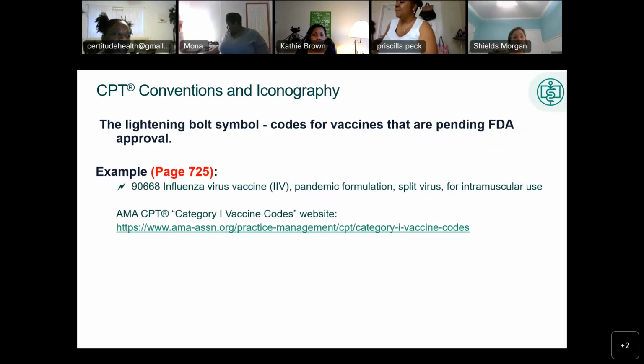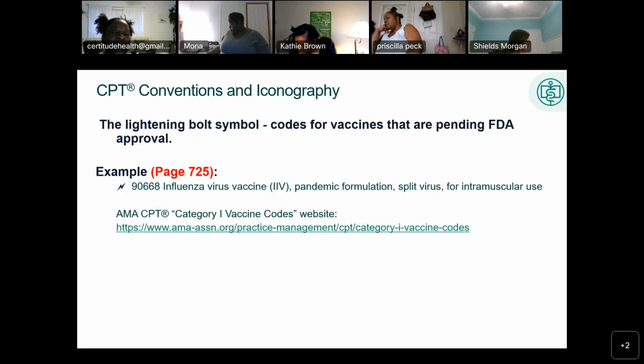The lightning rod is for those vaccines that are pending FDA approval. So don't let people out there in the street that think they know everything there is to know about COVID or the flu, any new thing that has gained political momentum, just because of the nature of things with COVID. Anything you need to know about healthcare, you can find out through the American Medical Association accurately, versus searching Facebook or other outlets like that.